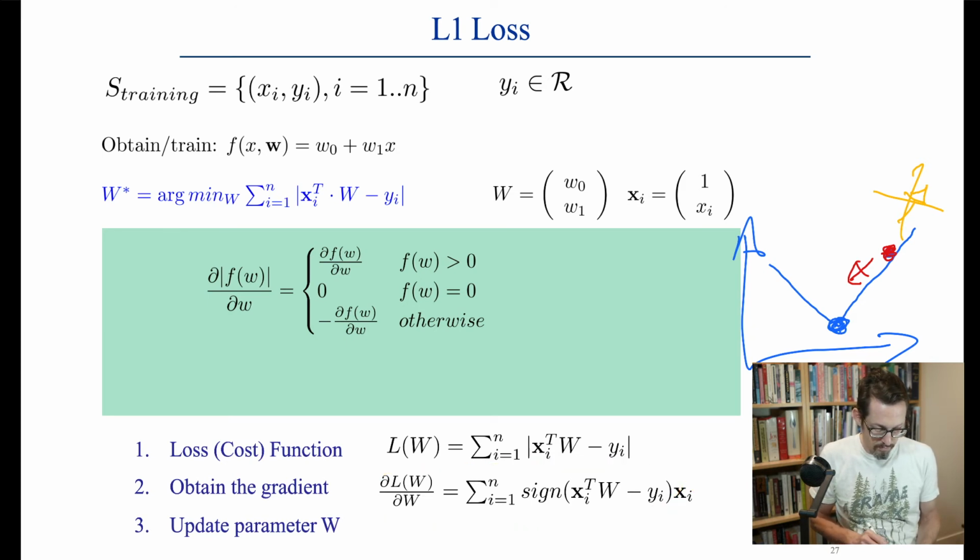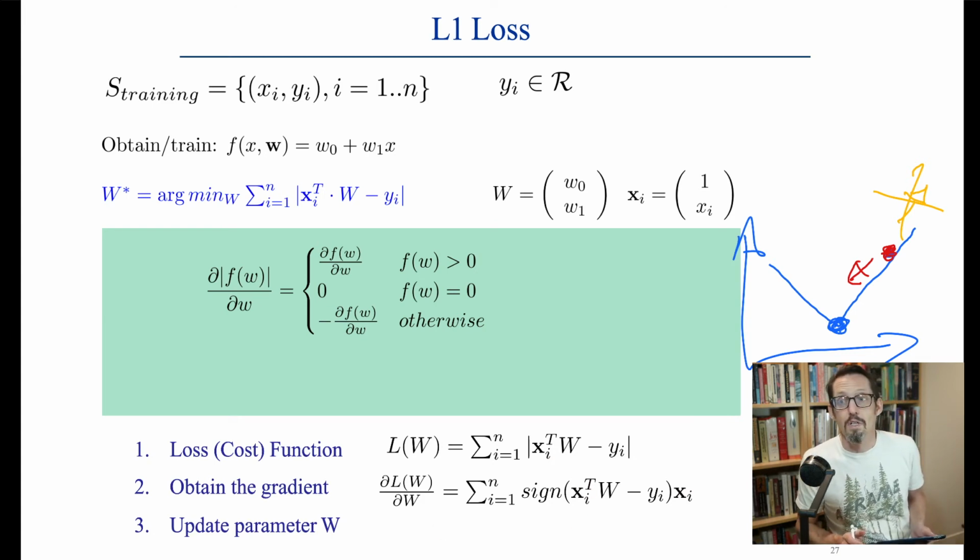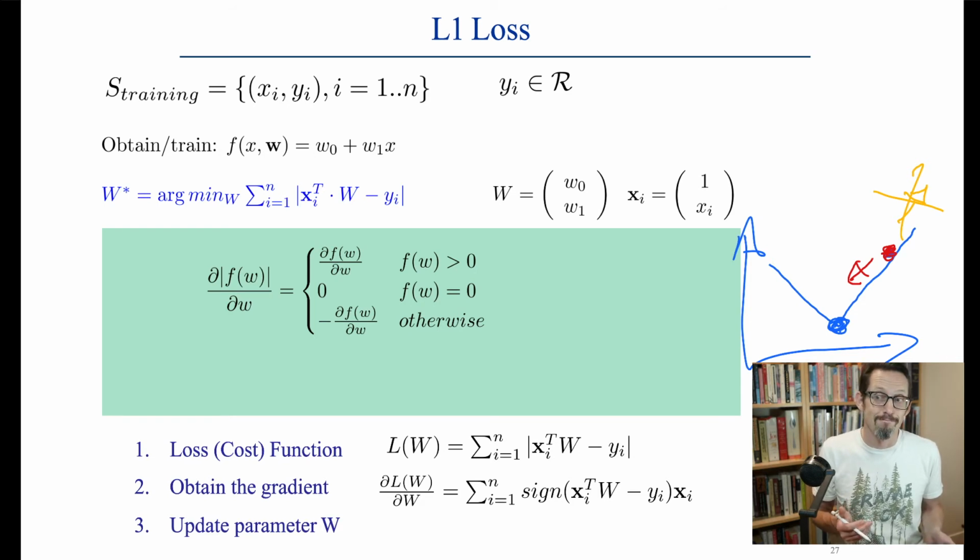So the gradient of the one norm is the sine function. The sine function just says whatever's inside me, take the sine. Okay? So the derivative of the one norm is the sine, which gives you either the plus or the minus here.